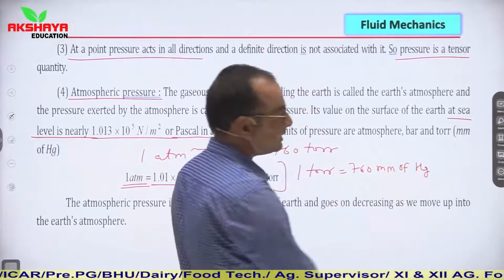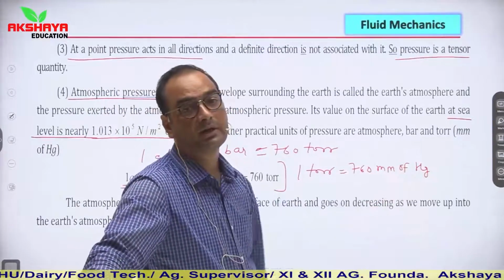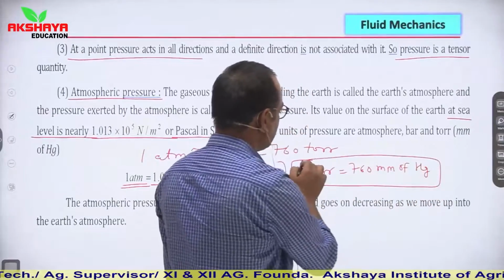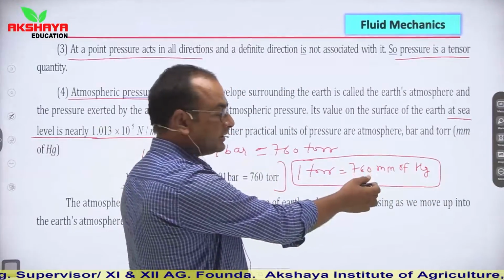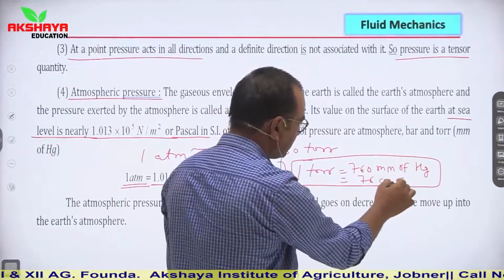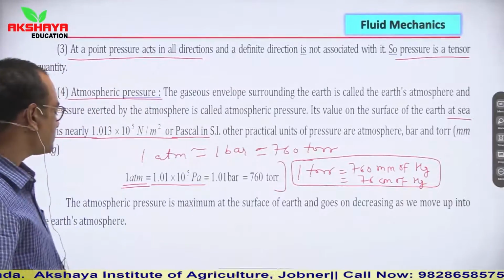If we measure it from the mercury level, then we consider it 760 millimeter of mercury. If you are asked in centimeter, then it is 76 centimeter of mercury. So these are some units of atmospheric pressure.